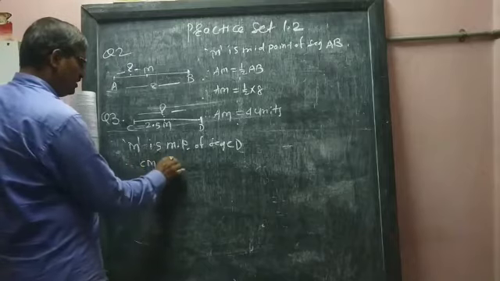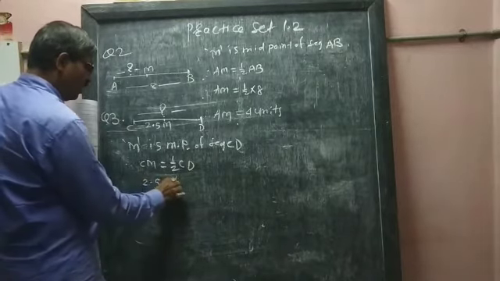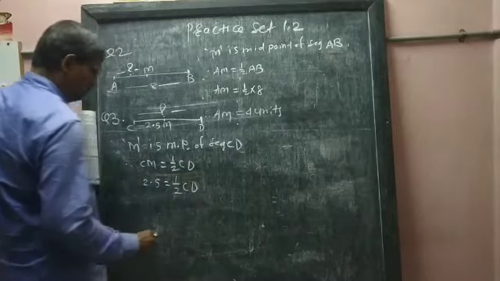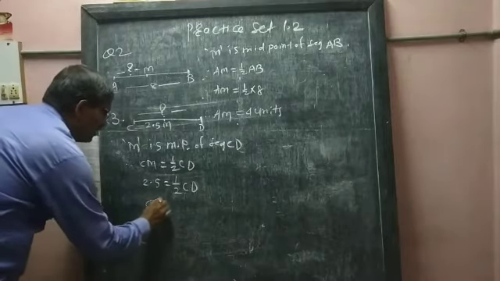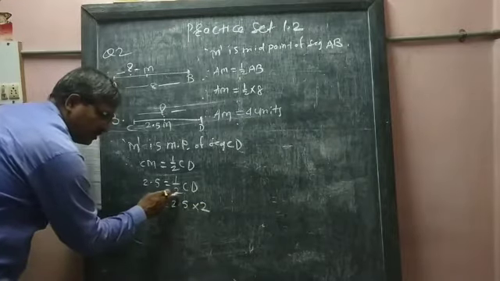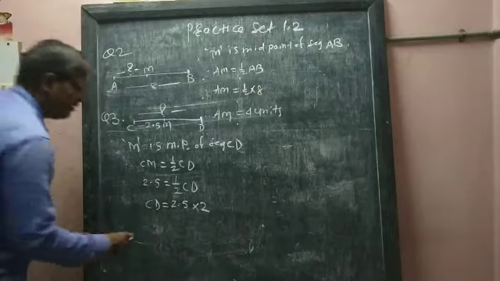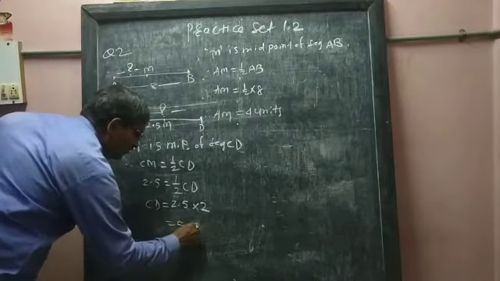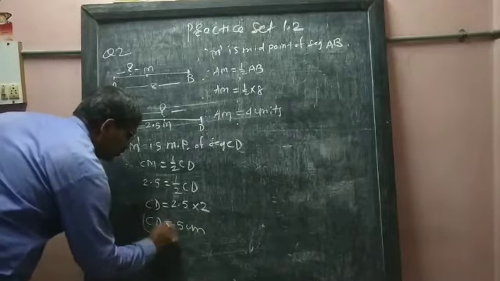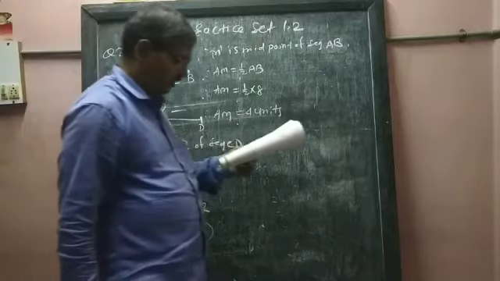Therefore, CM is equal to half CD. CM is given 2.5, equal to half CD. Therefore, CD is equal to 2.5 into 2. This 2 is divided on the right hand side; when it goes to the left hand side, it becomes multiplication, and thus it will come 5 centimeter. So length of seg CD is equal to 5 centimeter.